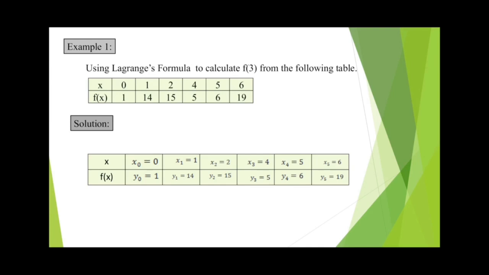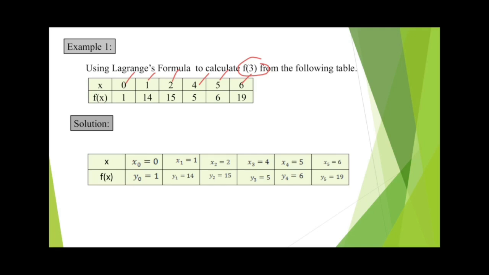So now let us solve our first example using Lagrange's interpolation formula. The problem is to find the value of f of 3 using the given data. First, let us observe the table carefully. The given x values are 0, 1, 2, 4, 5 and 6.